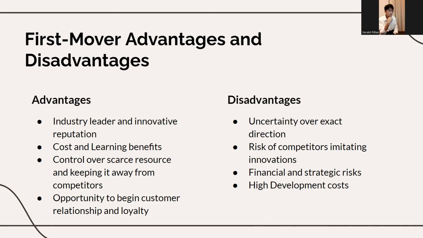So that's the disadvantage, and the risk of competitors imitating innovations. I think that's quite common. We see that every day. We see that with Apple and Samsung copying each other. There's Huawei now, Huawei and Oppo, and so on. I think the phone industry is the most common theme we see of first mover advantages and disadvantages.